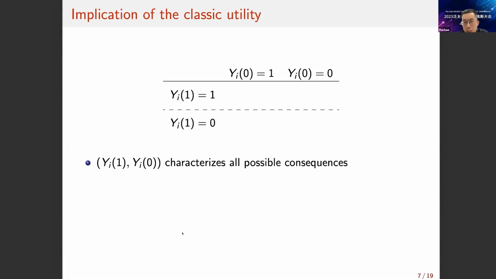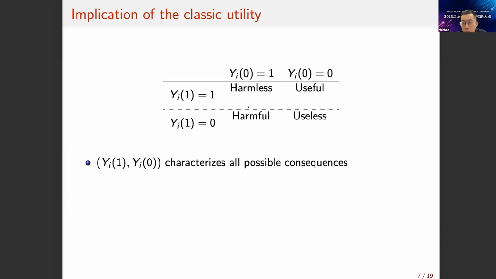subgroups based on the joint potential outcomes Y1 and Y0. These joint potential outcomes characterize how the decision would impact the outcome. So if Y1 and Y0 both equal 1, the patient would survive regardless of the treatment, and we say the treatment is harmless to the patient.